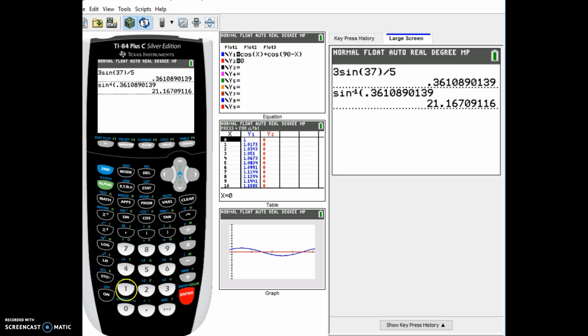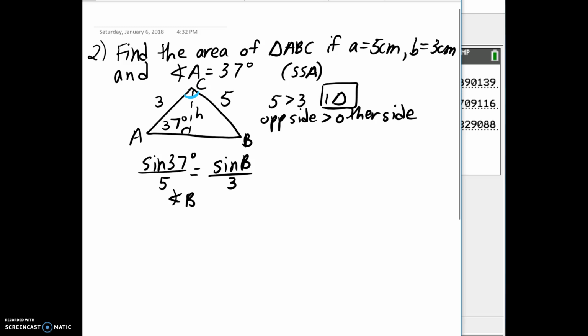Then we'll do 180 minus that, because we're trying to find angle C, minus 37. Now, no matter what calculator you have, you are using the previous answer for all of these steps. So I'm going to go back, record some of this information. We get angle B is about 21.17. Angle C is 121.83.